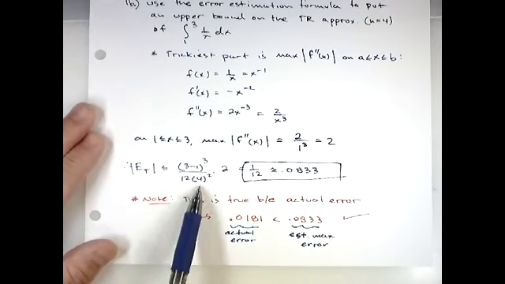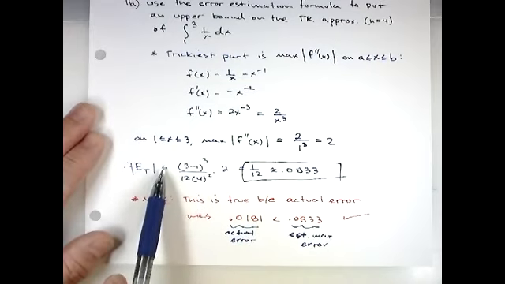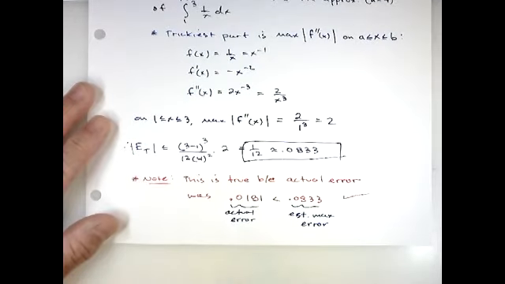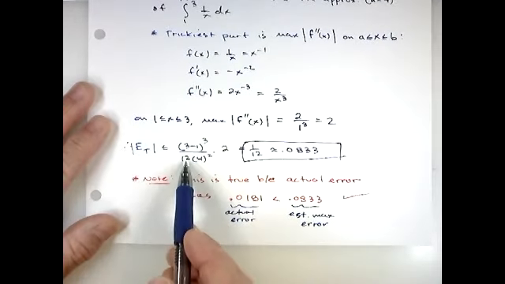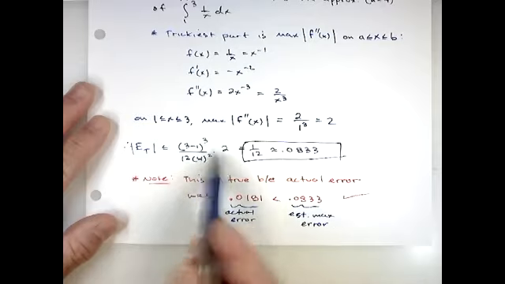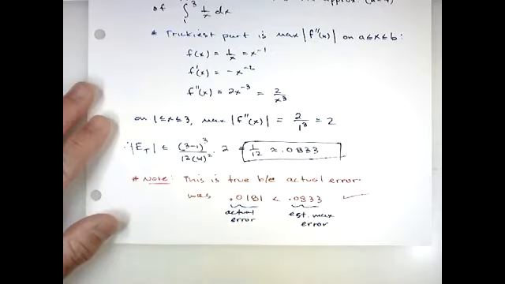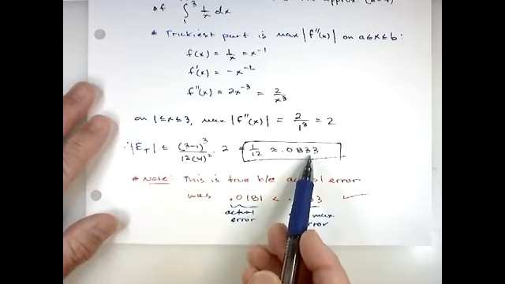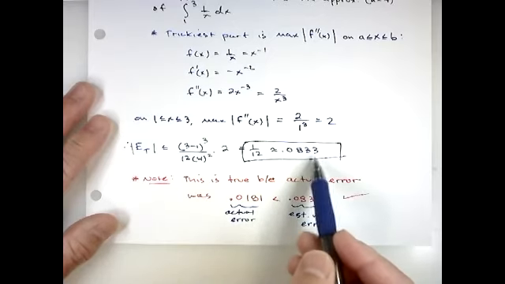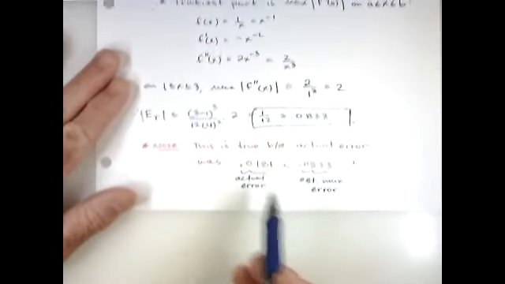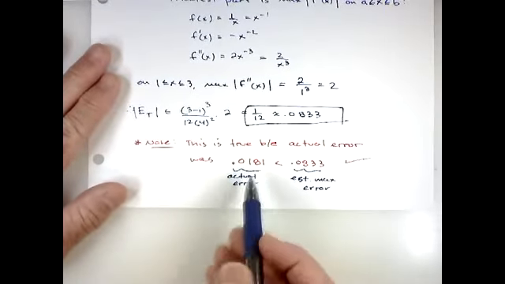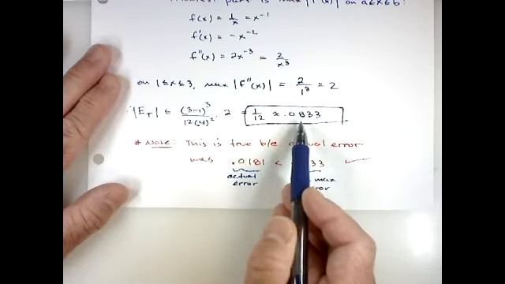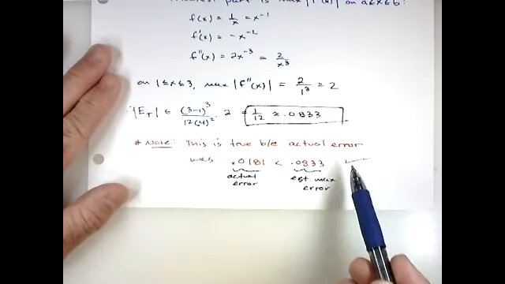And then if I finish this off, the error in my trapezoid rule would be 3 minus 1 cubed over 12 times 4 squared times this 2 that I got here, which comes out to be 1/12, which is 0.0833. So to be clear, what is this saying? This isn't saying that is the error. It's saying my actual error, if I use the trapezoid rule with n equals 4, cannot be any bigger than 0.0833.